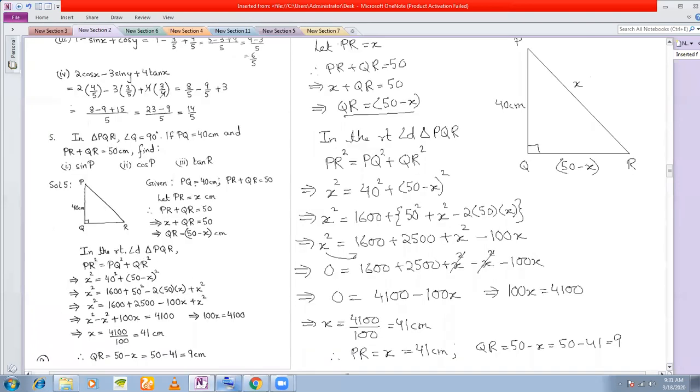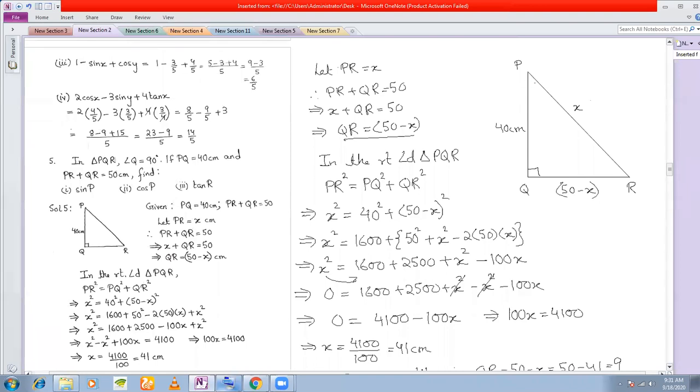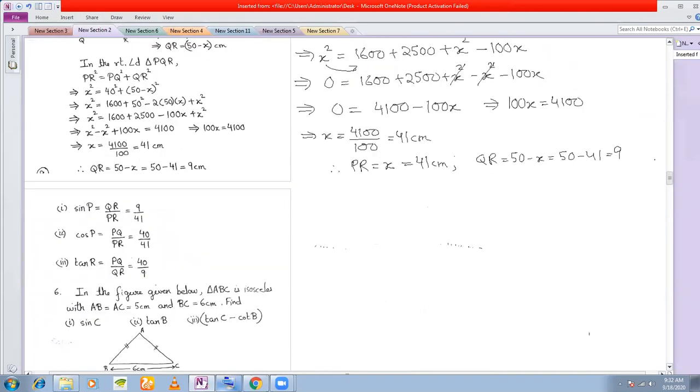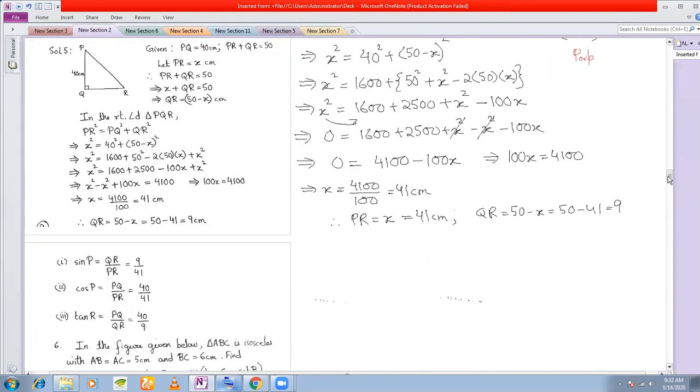First question is sine P. When you are talking about this angle P, this becomes my perpendicular and this becomes my base. So let us work with this. Sine P, and of course PR is my hypotenuse always.